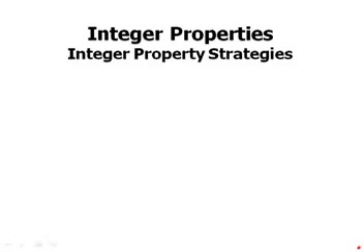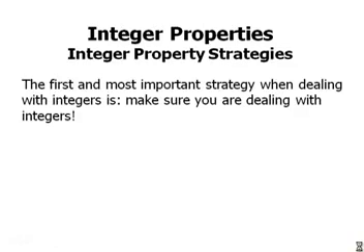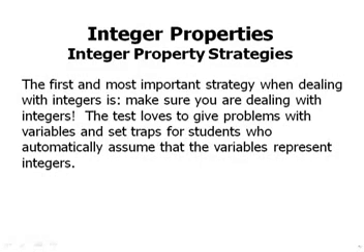Now that we've finished talking about all the important properties of integers, we'll review the strategies on this very important question type. The first and most important strategy when dealing with integers is make sure you're dealing with integers. Now this sounds a bit paradoxical, but you see the test loves to give problems with variables and set traps for students who automatically assume that the variables represent integers.